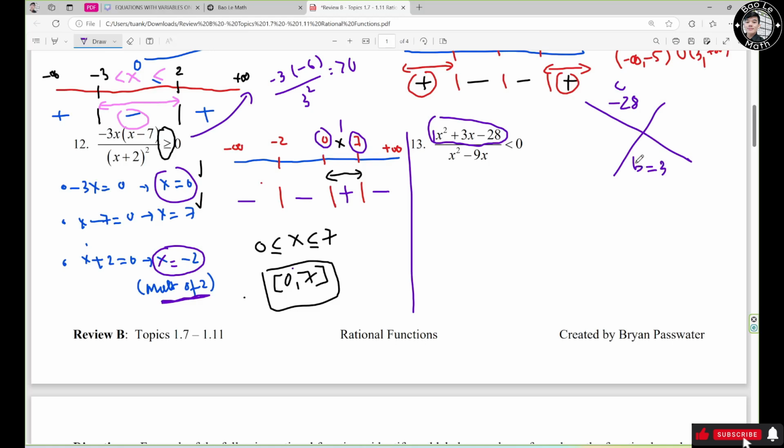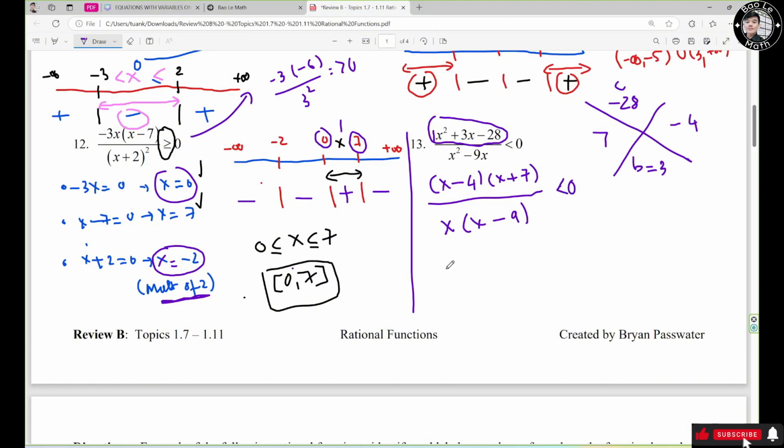Now we need to find two integers that multiply to negative 28 and add up to 3, which is 7 and negative 4, right? So the top becomes s minus 4 times s plus 7. Alright, the bottom, we need to factor s out. So we have s minus 9 inside, right?